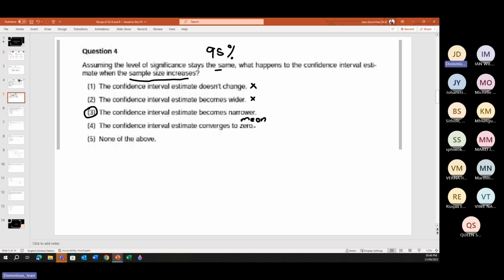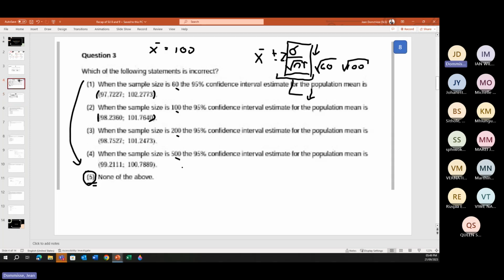If that was there, it would have been correct. So you can see in the previous question, the bigger the sample size, the closer it becomes to the mean that you were looking for.